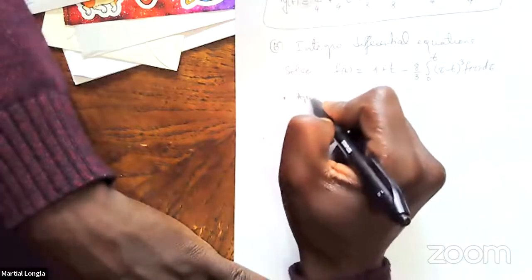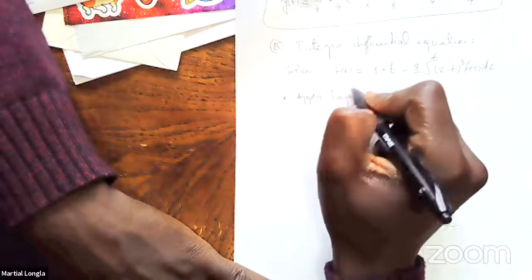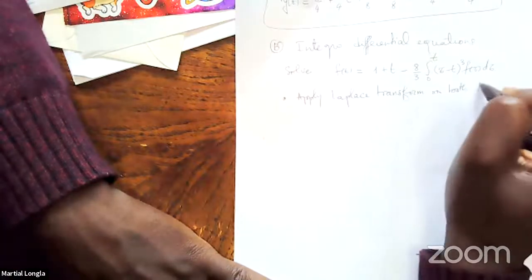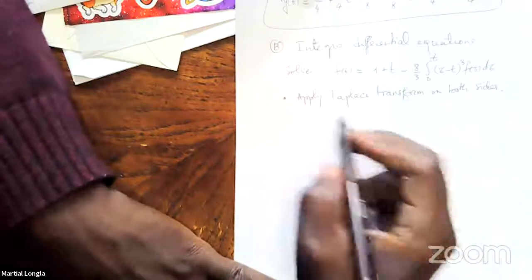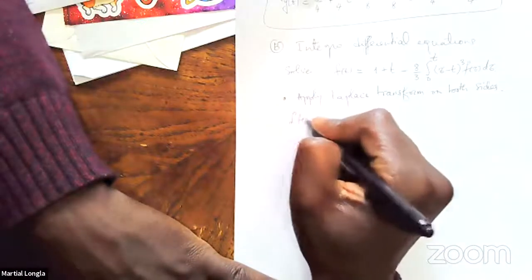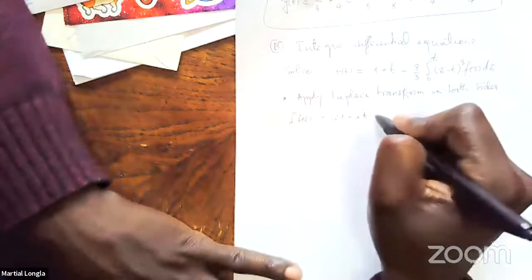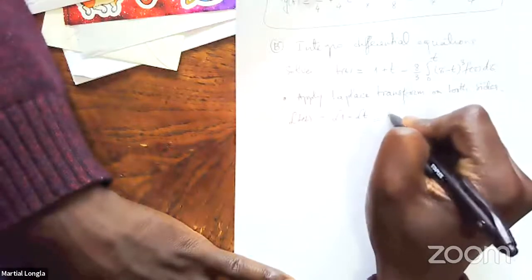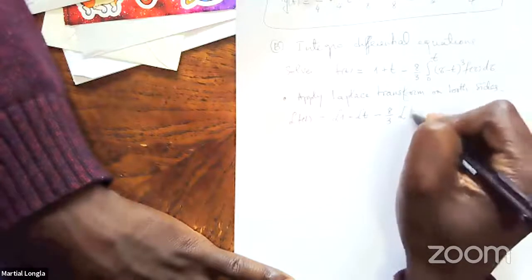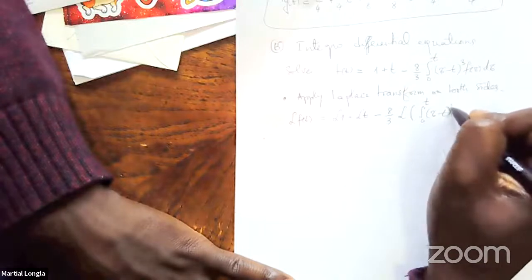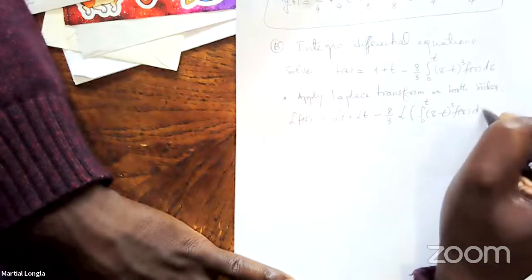We will do the same way. First step, also apply the Laplace transform on both sides. So you get Laplace transform of f of t equals Laplace transform of 1 plus Laplace transform of t minus 8/3 Laplace transform of integral from 0 to t (tau minus t)^3 f of tau d tau.